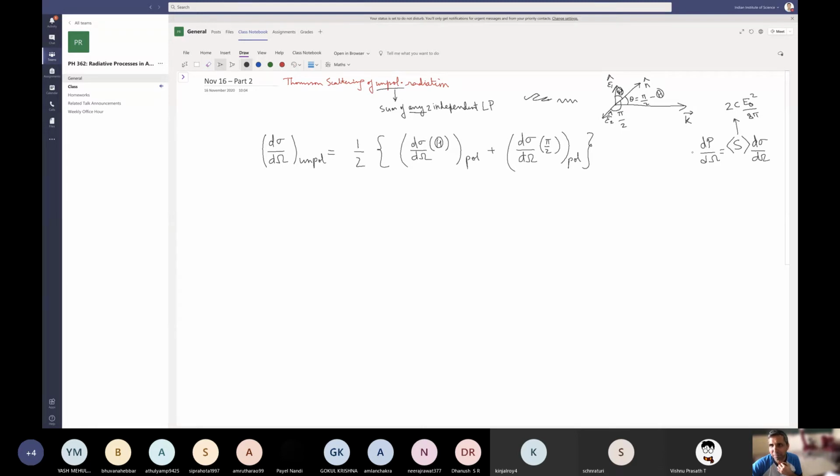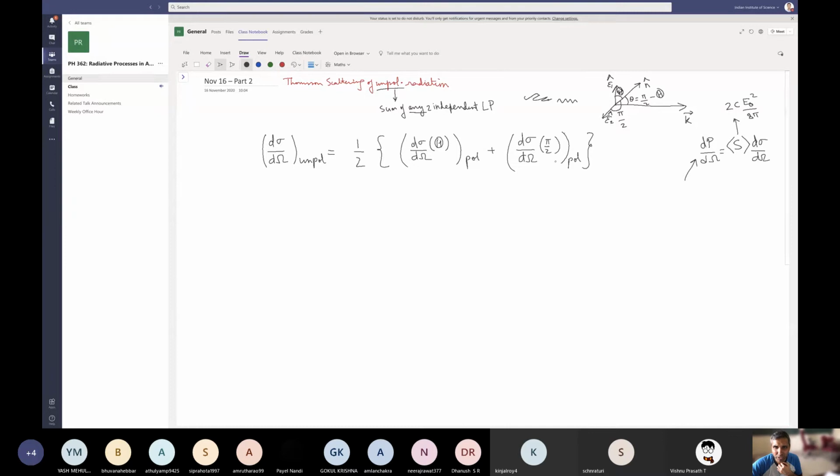What about this? You can think of it as if you're looking at some n hat, the power that you receive here is because of this in-plane polarized light, which is at this angle capital theta, and perpendicular polarized light, for which you should use theta equals π/2, because acceleration is perpendicular to the n hat.